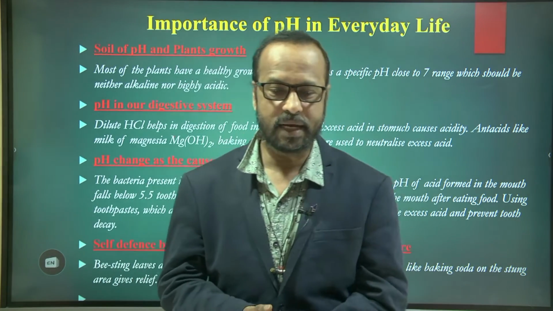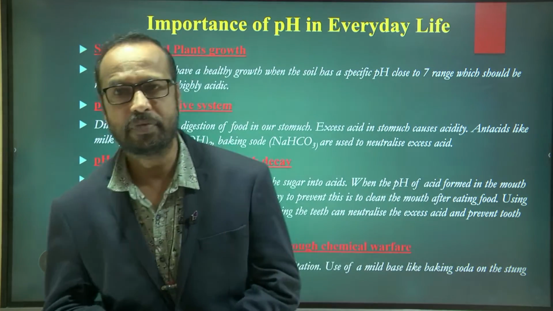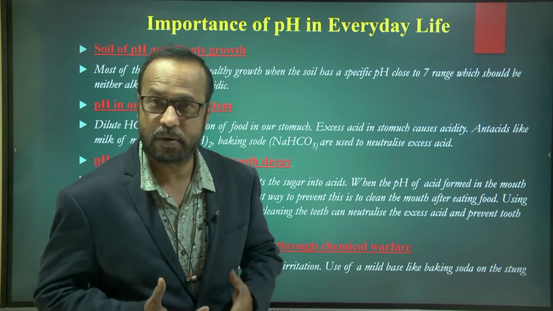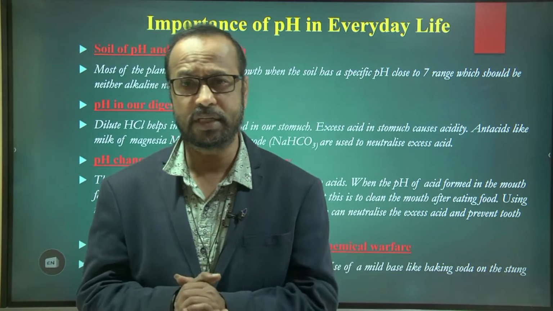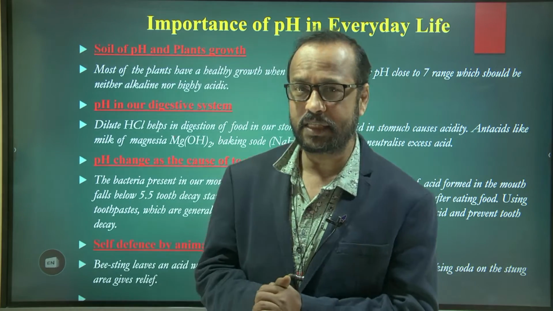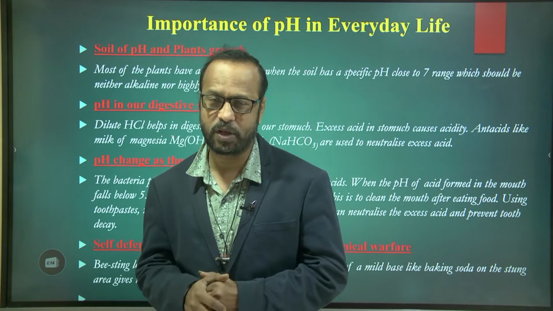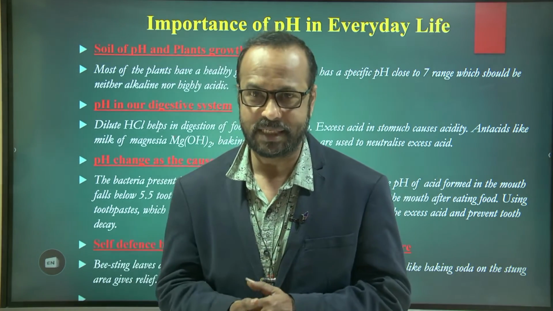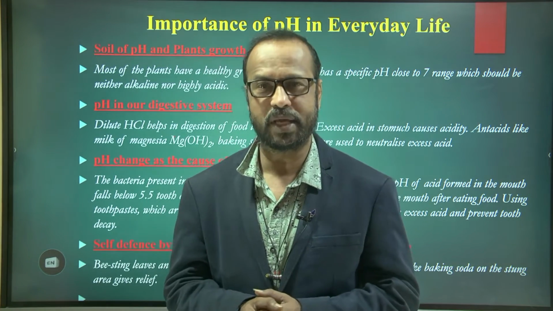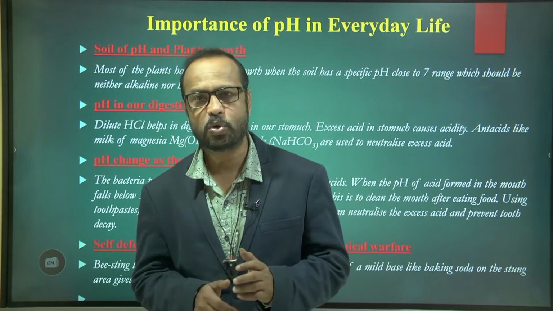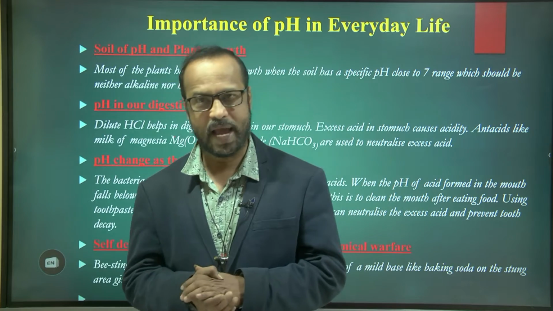Then come to pH in our digestive system. This also we discussed. Our stomach produces hydrochloric acid. This helps in digesting the food. But when you eat spicy food or excessive food, then what happens? Excess hydrochloric acid is released in the stomach, and that causes pain and irritation in the stomach. That problem is called acidity.